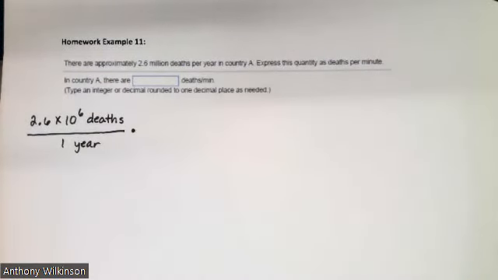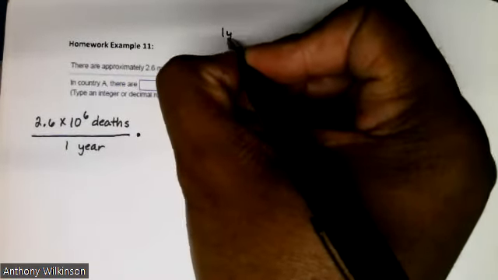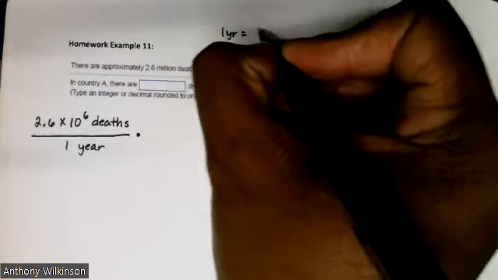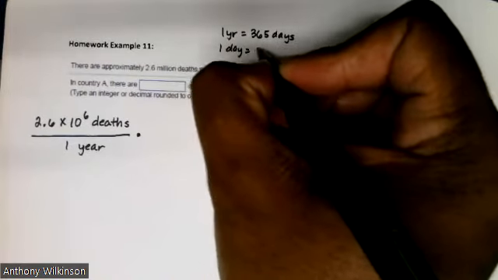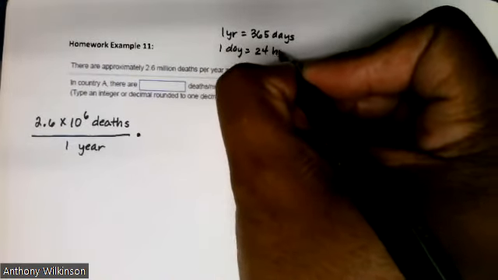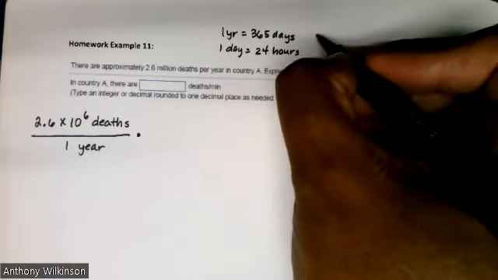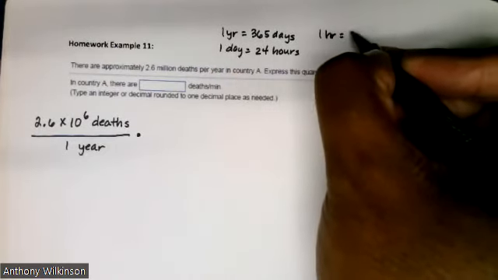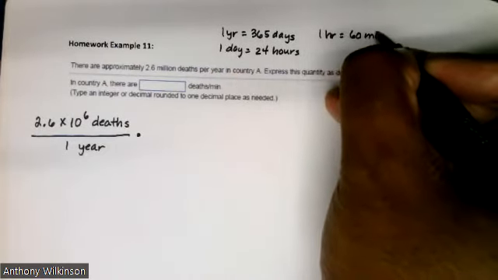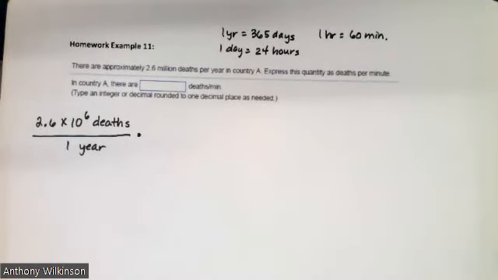Now, there's some things we need to know here. We know 1 year is 365 days, 1 day is 24 hours, and 1 hour is 60 minutes. That's common knowledge.